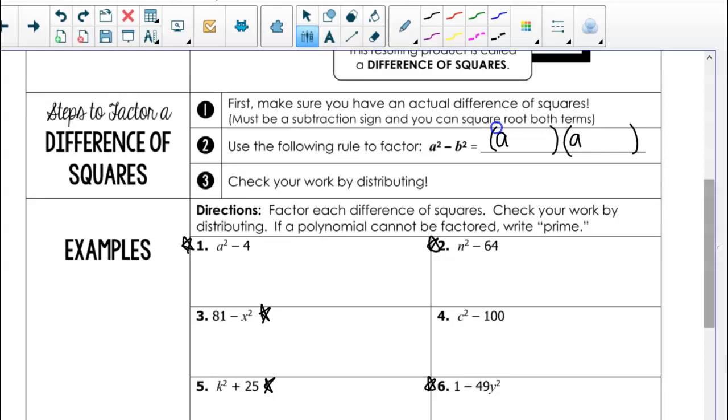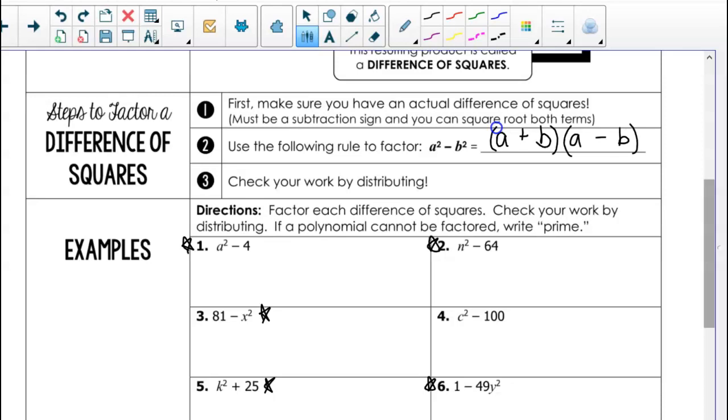That's going to be the first term in both factors. What times what would give me b squared? I'm going to ignore the negative in the middle for a second. And that would be b. And then in one of your factors, you're going to have a plus, and in the other, you're going to have a minus for every single difference of squares polynomial.